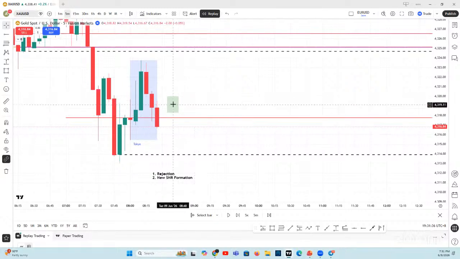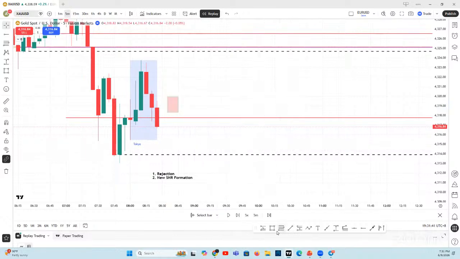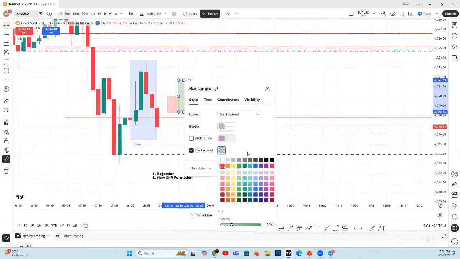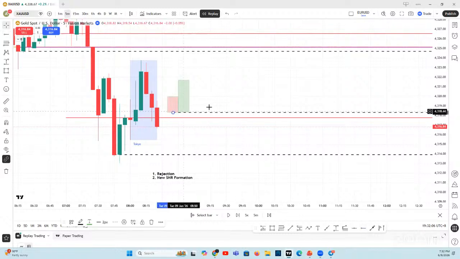So a red and a green candle. You should see this. So this is the H1. For now, this is the higher time frame. We should see a rejection, okay, and a new SNR. So this is the new SNR, guys. There, M5. H1, M5, new SNR.